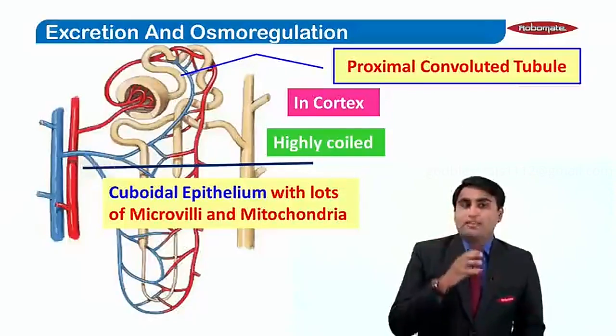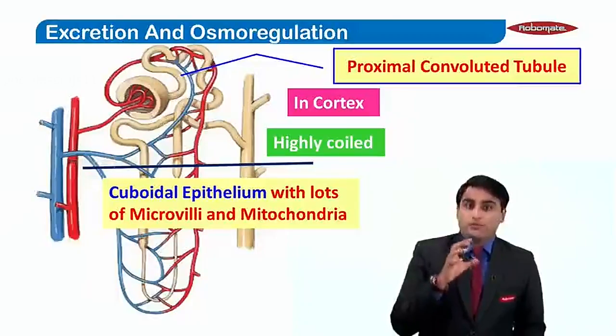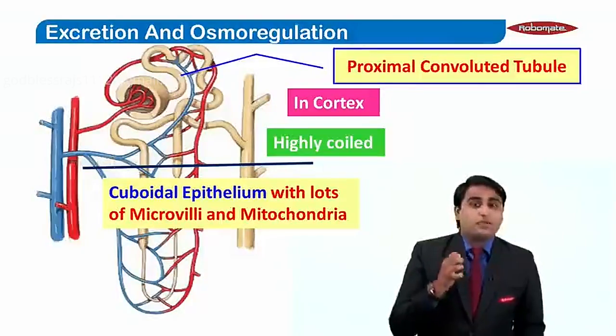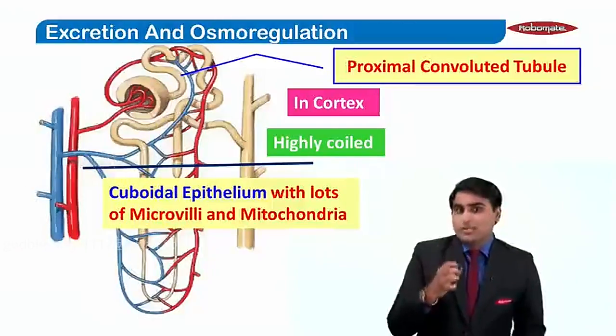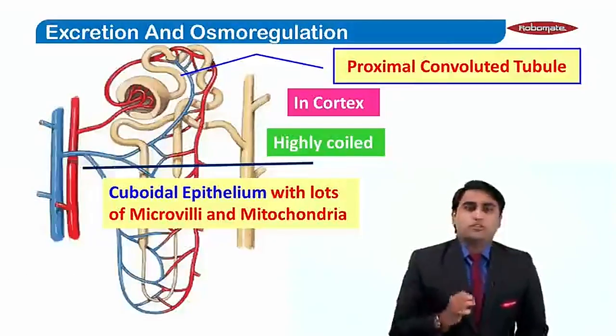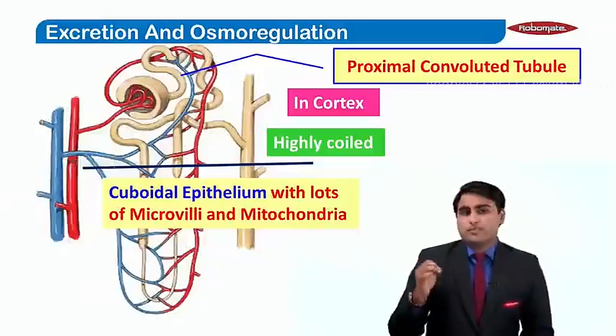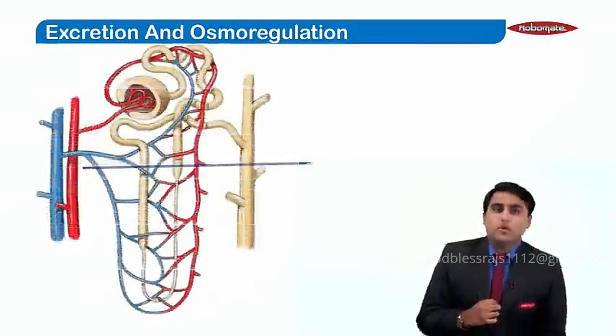For absorbing them, we need a large surface area, and for that you need microvilli. But to absorb the substances, you need energy. That's why there are numerous mitochondria. So the proximal convoluted tubule is lined by cuboidal epithelium having microvilli, that is the brush-bordered appearance, and a lot of mitochondria.